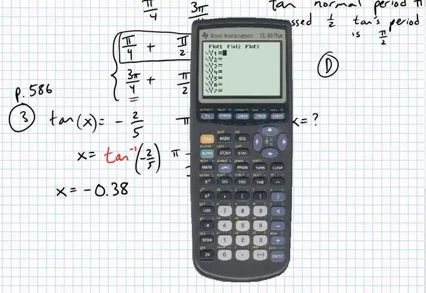Let me verify that by graphing tan x and negative 2 over 5. I'll zoom trig. Calculate, intersection point. I want to be in quadrant number 3 or 4, which is in this area.